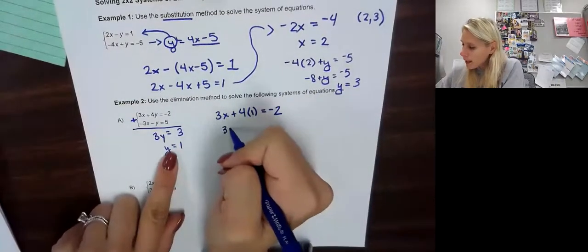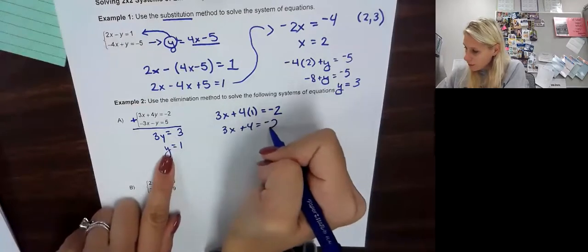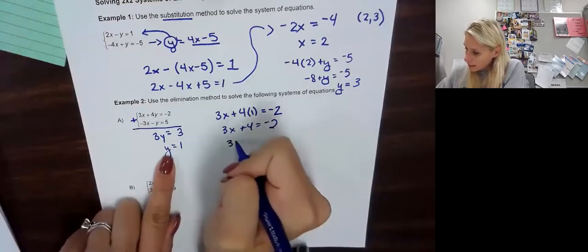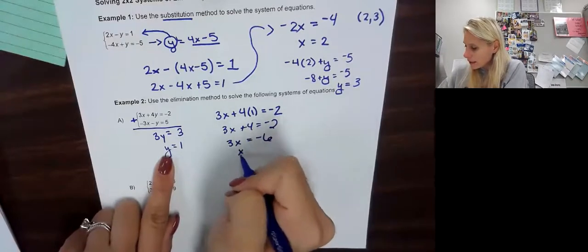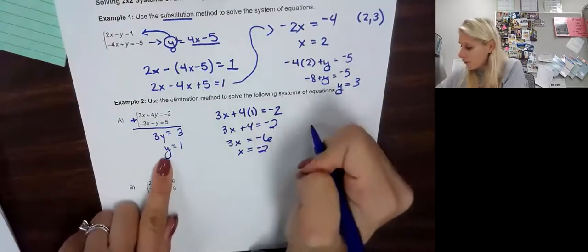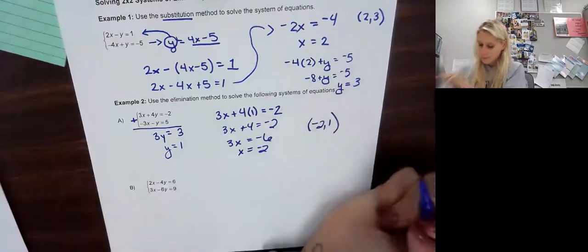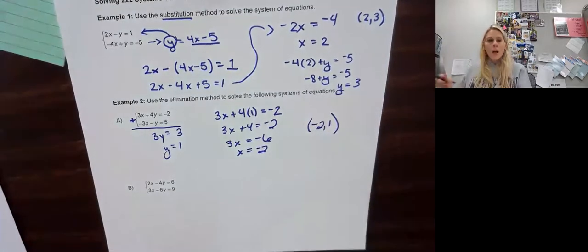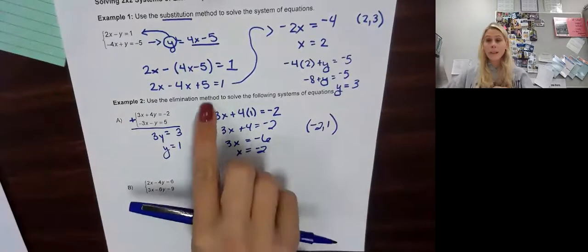So we get 3x plus 4 equals -2. 3x equals -6. So x equals -2. Remember, coordinate pair, alphabetical order. So -2, 1.